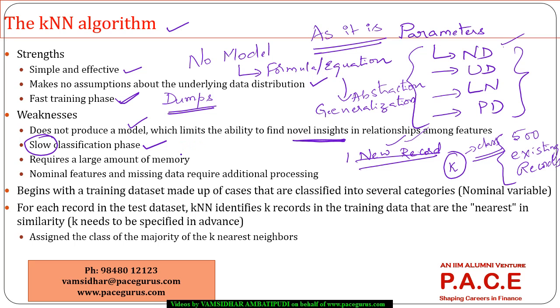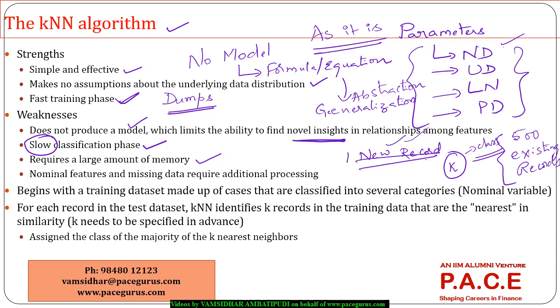Right? So we have to understand the limitations of the model as well. And it takes a large amount of memory, because every item is compared with all the existing records. So that much processing is required, that much memory is typically being consumed. So it requires powerful systems for execution.